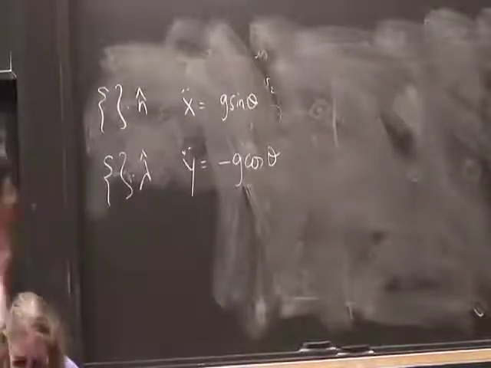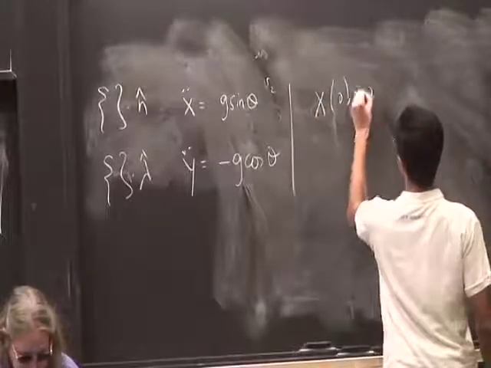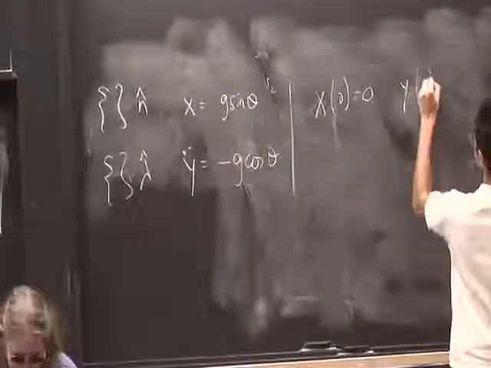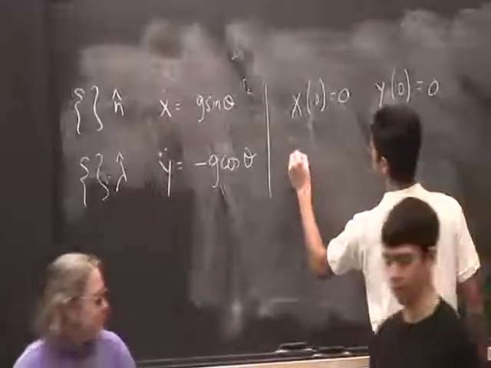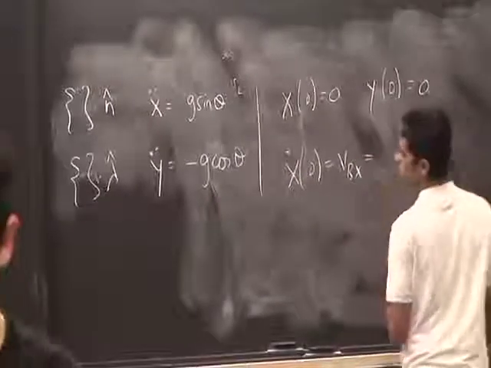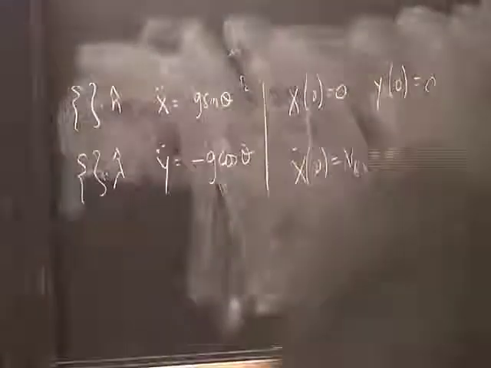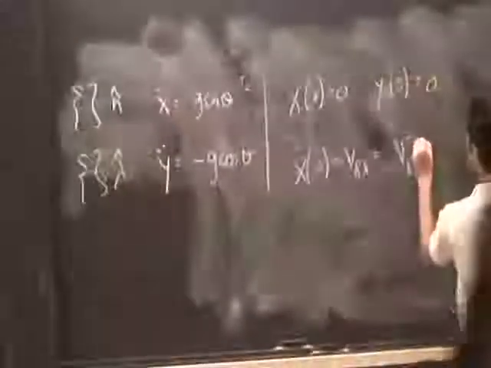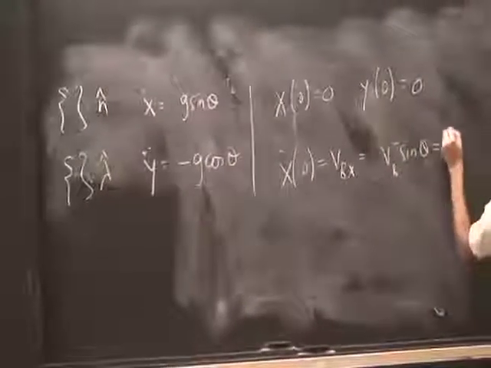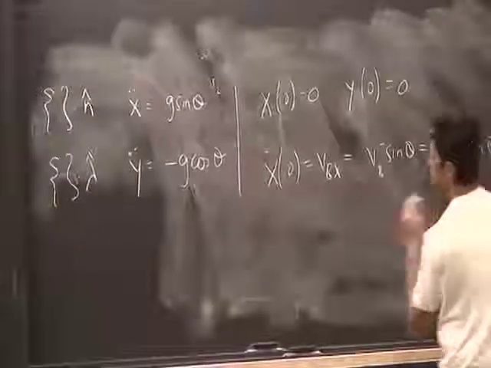So these are the differential equations, and the initial conditions are x of 0 is 0, y of 0 is 0, x dot 0 is vbx equals vb minus sin theta, and note that vb minus is just square root of 2gh. This is what I calculated earlier.